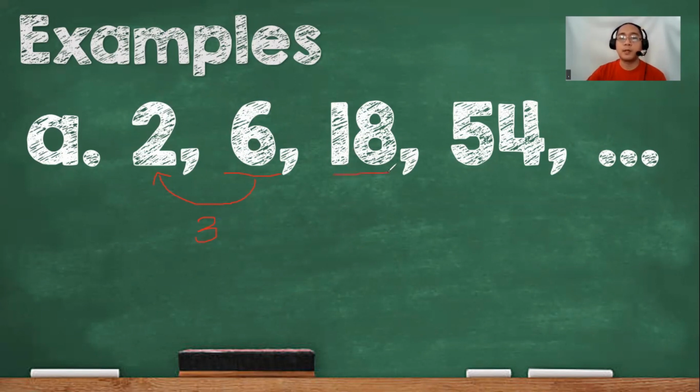Now, let us test again this third term divided by the second term, and it results to 3. 54 divided by 18, the result is still the same, 3. Therefore, our sequence is geometric.